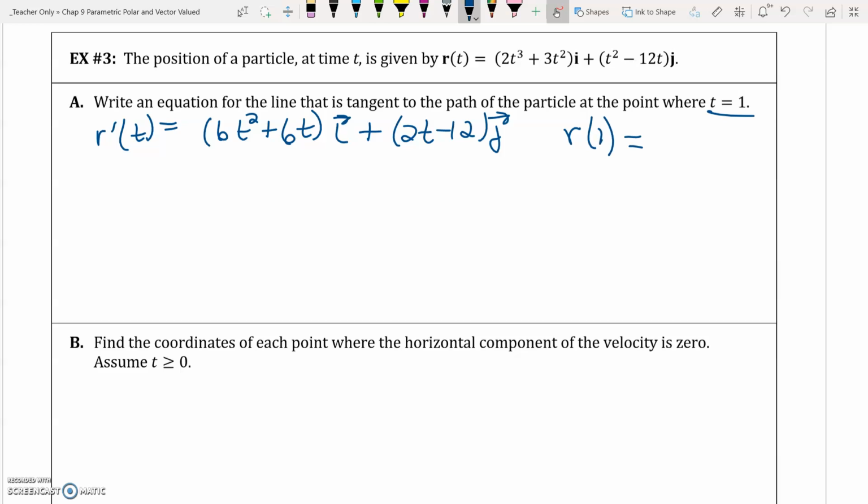So that is going to give me, when I substitute 1 into my two components, 5i minus 11j. So there's my x, y. I have 5 comma negative 11. All right, now I need the value of the derivative at the point 1. So that's going to be a 1.